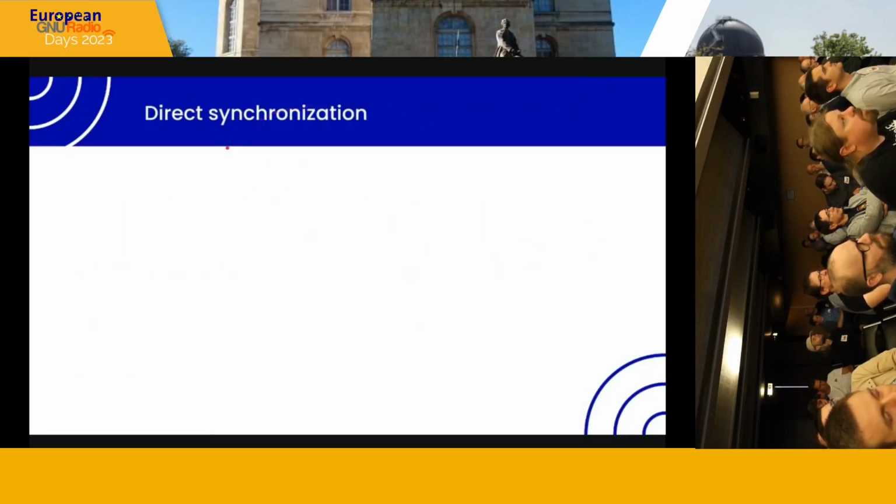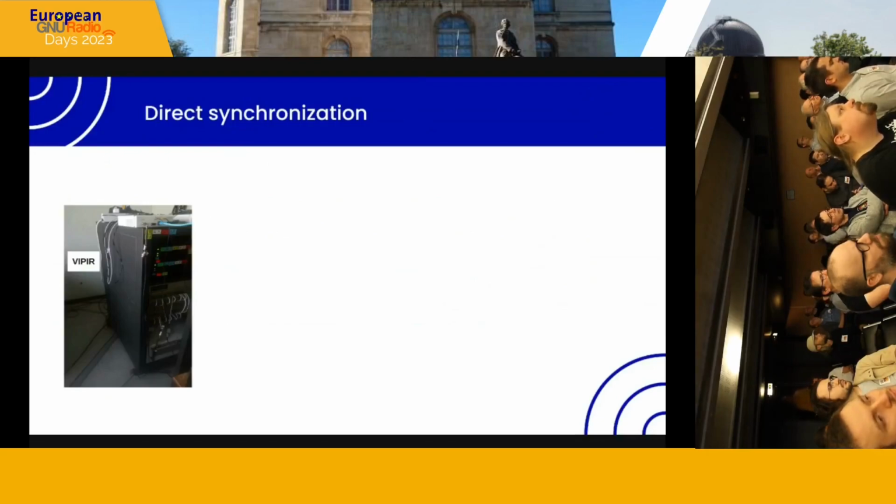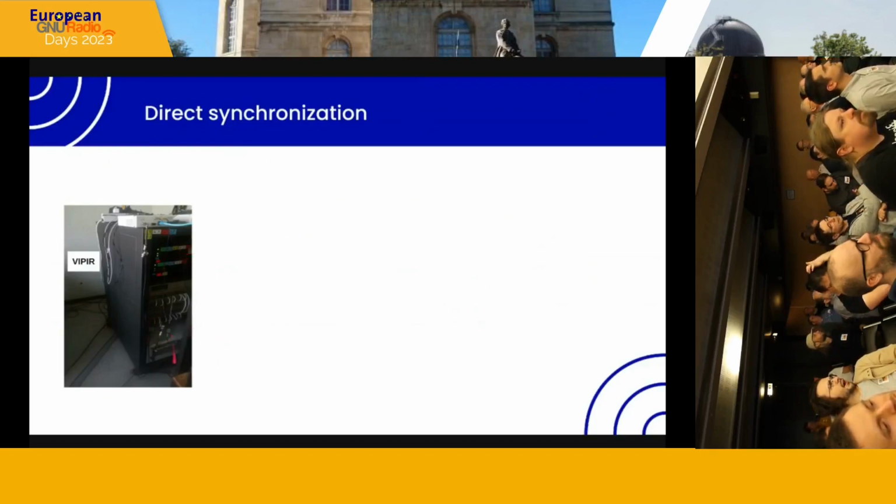Well, the first method is known as direct synchronization. We see here VIPIR. VIPIR is an external radar bought by Jicamarca Observatory to obtain ionograms. We here see the different stages composed by VIPIR.